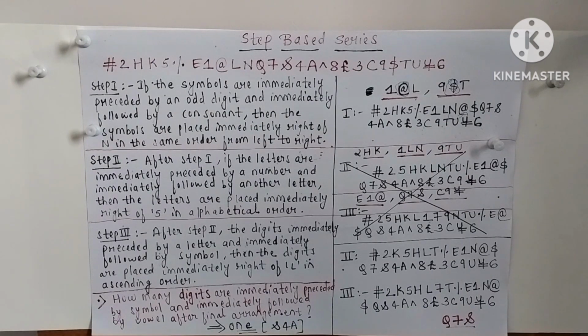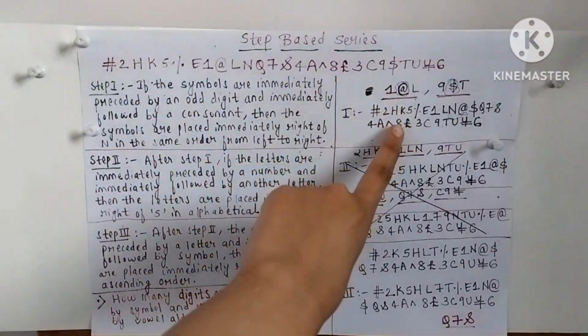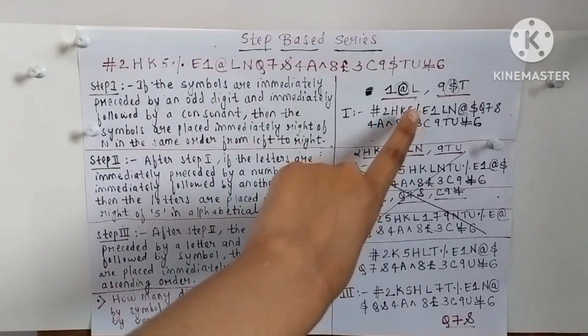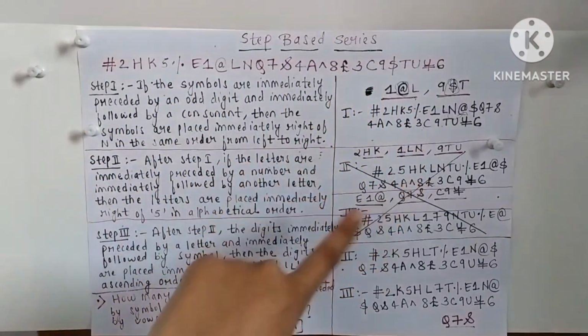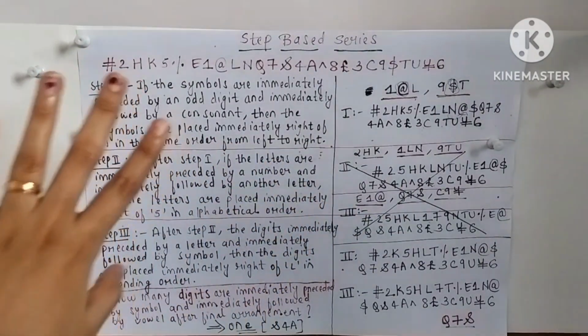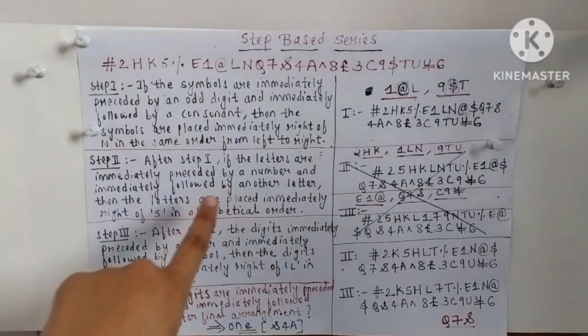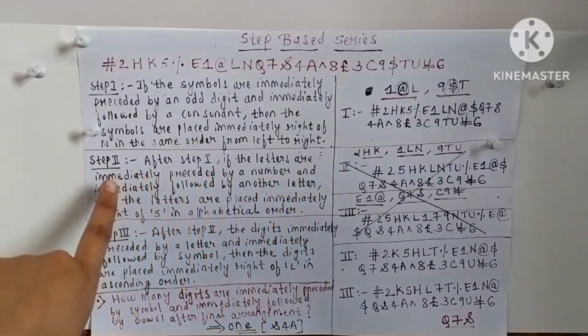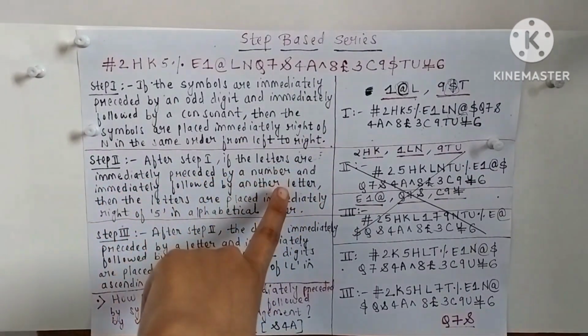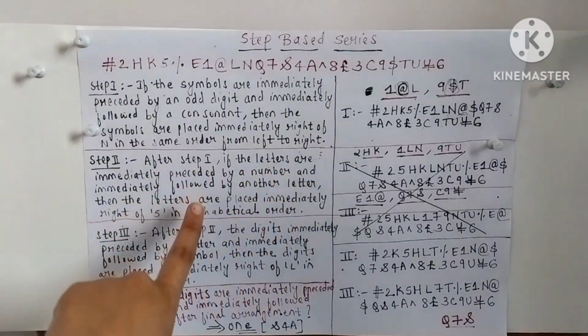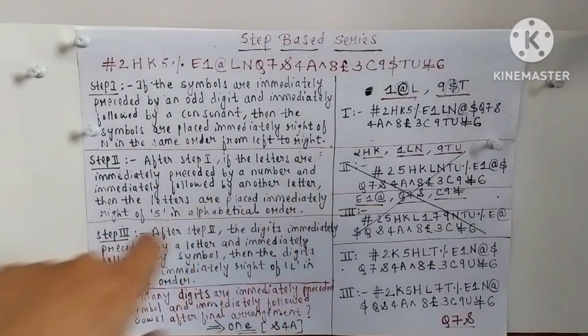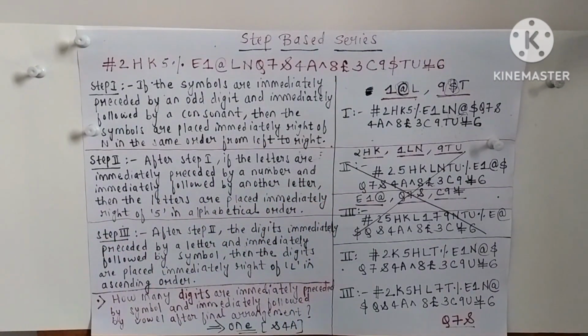So whatever series you get after the first step needs to be used for step 2, provided the conditions given. Now here they have said letters immediately preceded by a number and immediately followed by another letter, then the letters are placed immediately right of 5 in alphabetical order.